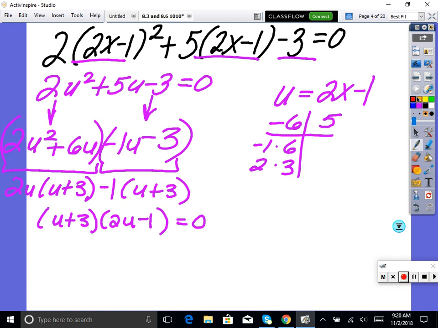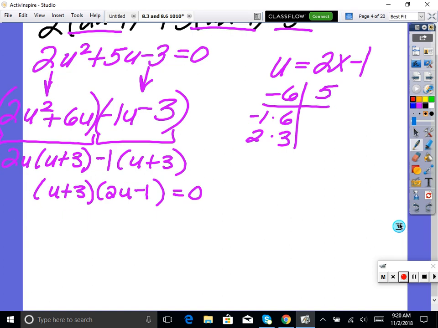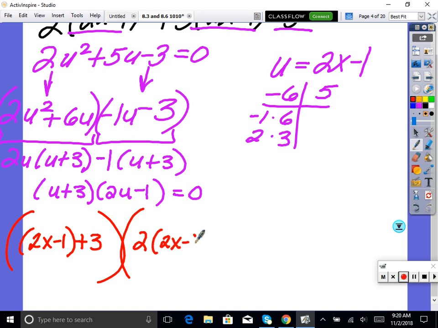Now think about this. You're substituting something back in, so you're going to need to use parentheses. So instead of u, we have a parenthesis, and then we have 2x minus 1 plus 3. Then in here we have a 2 times 2x minus 1 minus 1, don't we? So let's simplify that inside here.